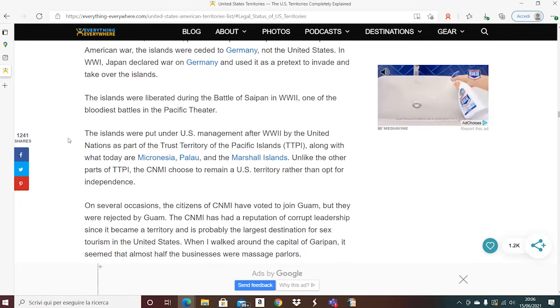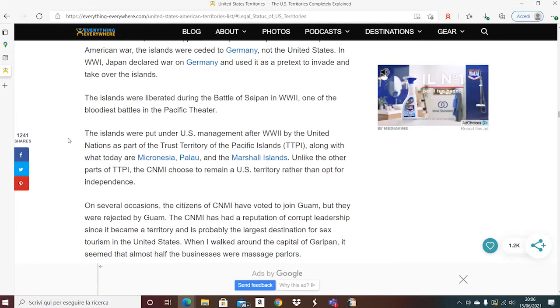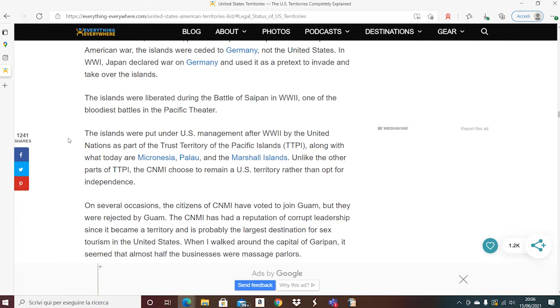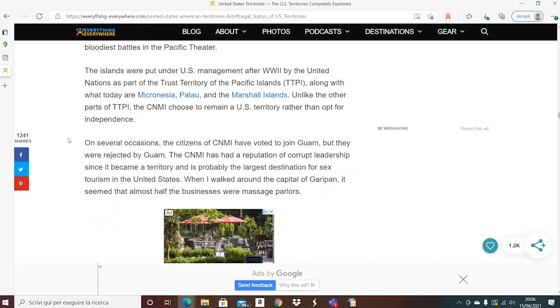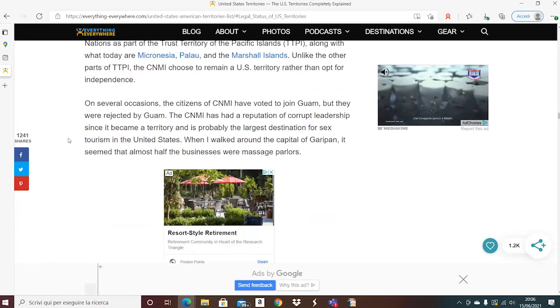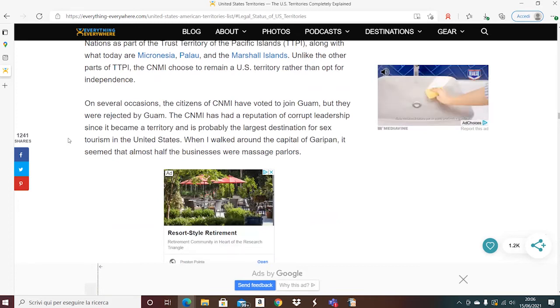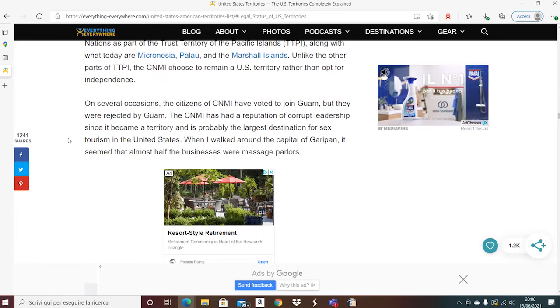Like the other parts of TTPI, the CNMI chose to remain a US territory rather than opt for independence. On several occasions, the citizens of CNMI have voted to join Guam, but they were rejected by Guam.